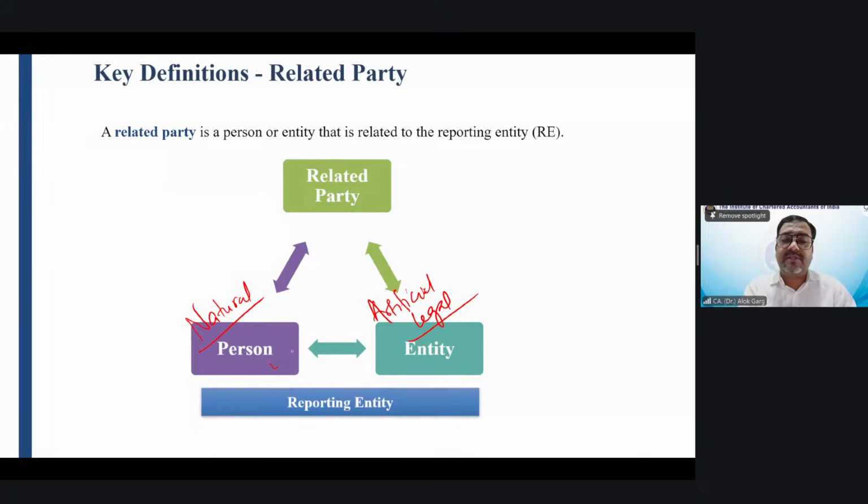Friends, a related party is a person or entity that is related to the reporting entity. So now the question comes.